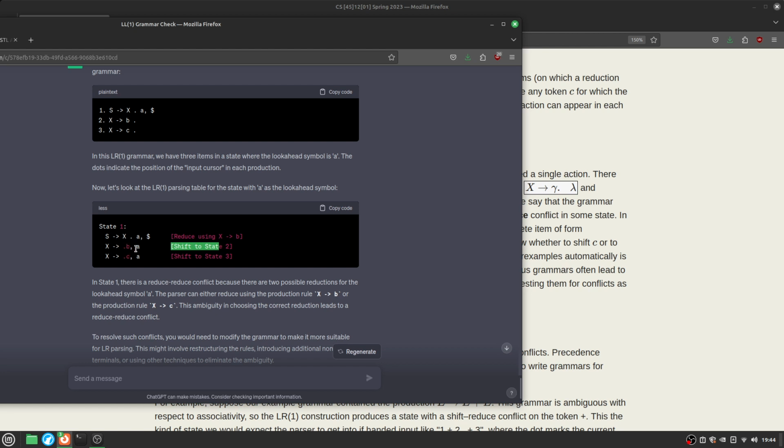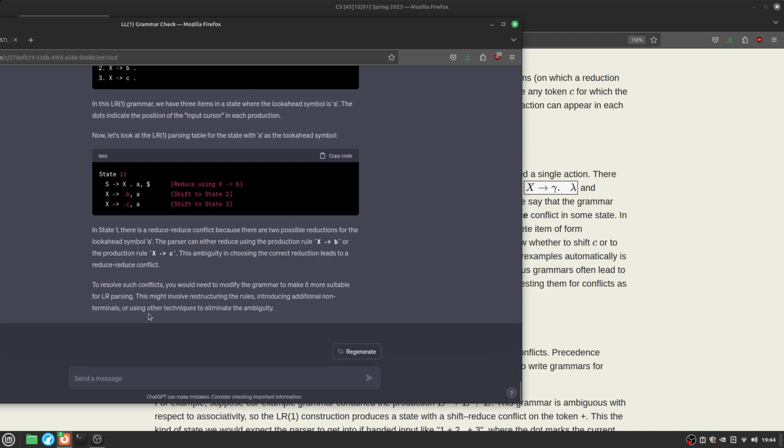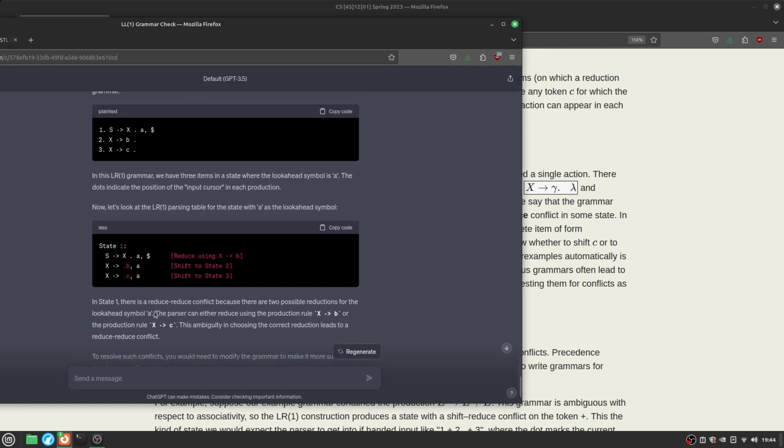We want to read it in, so I guess that's shifting. Reduce using the production rule X tends to B or X tends to C. This ambiguity in choosing the correct reduction leads to a reduce conflict. To solve such conflicts, you will need to modify the grammar to make it more suitable for LR parsing. Okay.